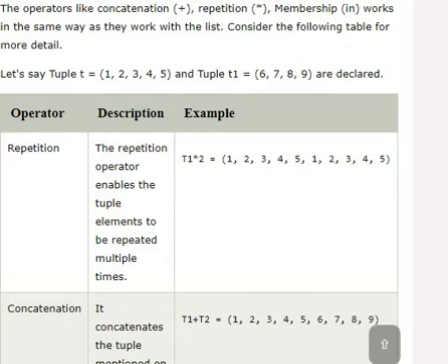We practiced the operators concatenation, repetition, and membership in lists, and the same way they work here also. So go through the examples one by one. We have two tuples, T with 1, 2, 3, 4, 5, and T1 with 6, 7, 8, 9.